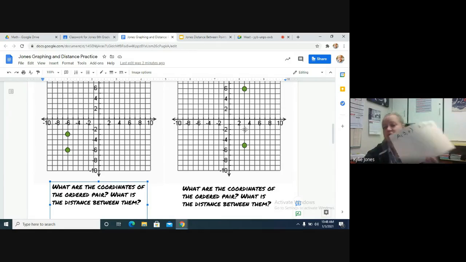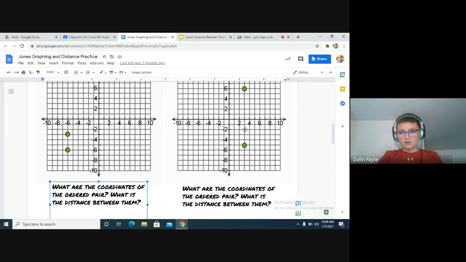So if we look at my screen, we've got two ordered pairs here. Point A is at 3, 6, and point B is at 3, negative 5. So we have our two ordered pairs. Which two are the same, my x's or my y's? Your x's.